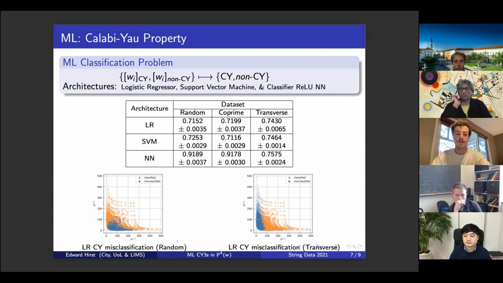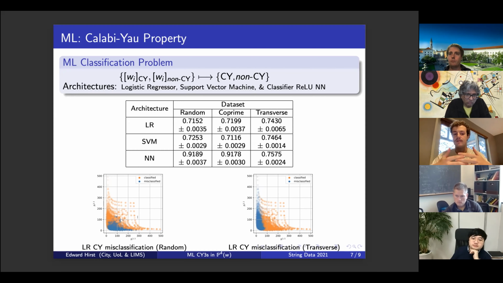And here we can see if we pre-train with the random data, if we plot this misclassification on the standard Hodge plot, then very interestingly, there seems to be some bound for H21 around 100, above which there is perfect classification.